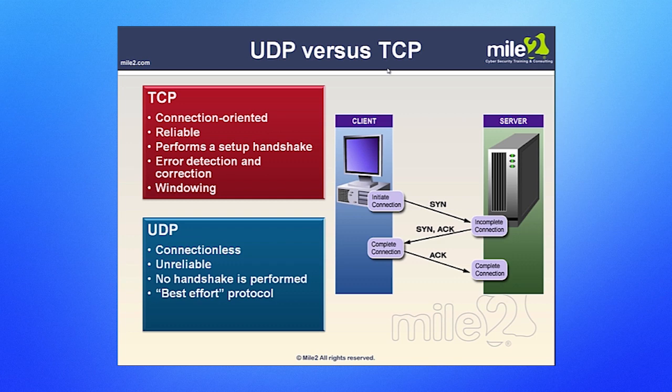It's basically the client saying to the server, hi, I want to initiate this connection, so here's synchronize. And then the server is going to come back and say synchronize to you and acknowledge your request. And then finally, we say acknowledge to the server. And that completes the connection. This is called the three-way handshake.